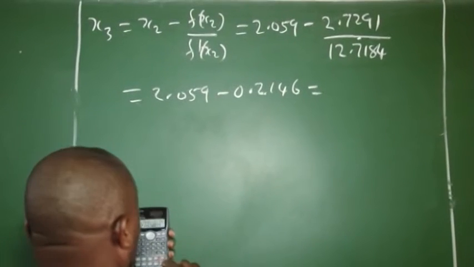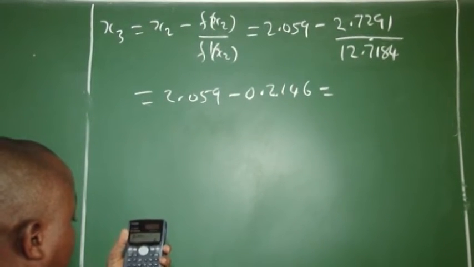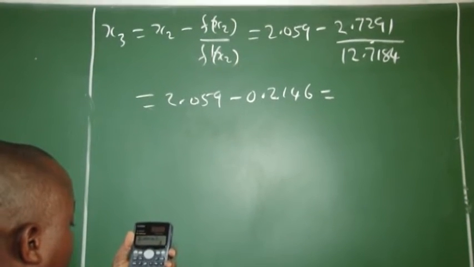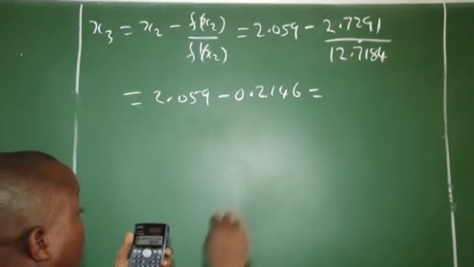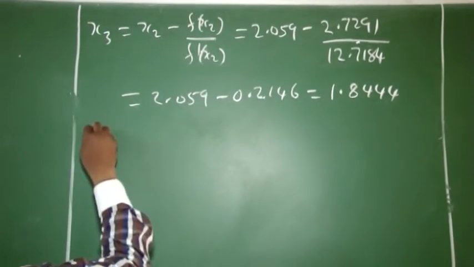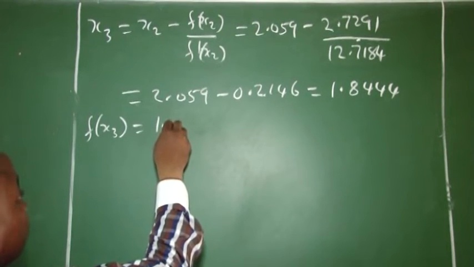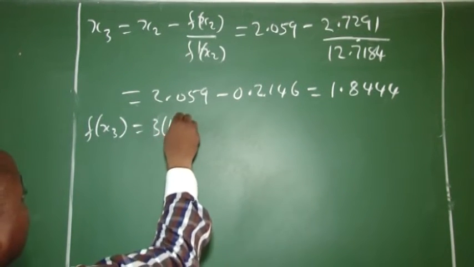That is 0.2146. So 2.059 minus 0.2146 gives 1.8444.